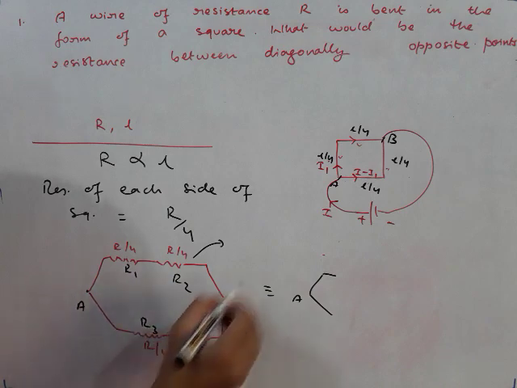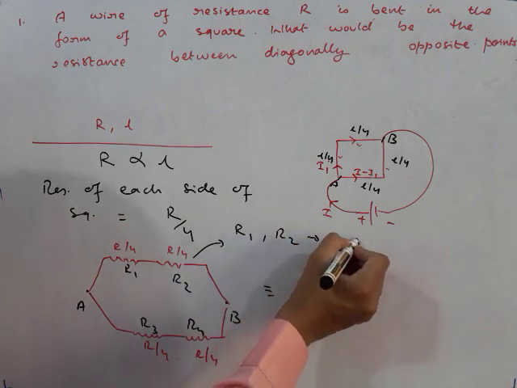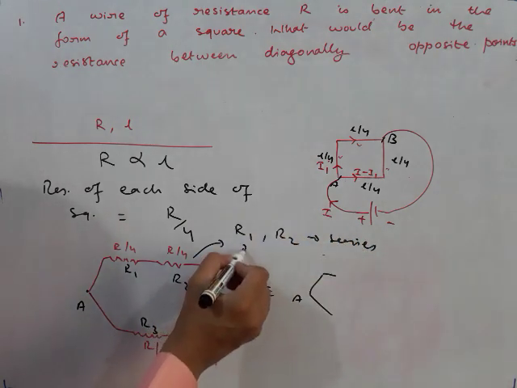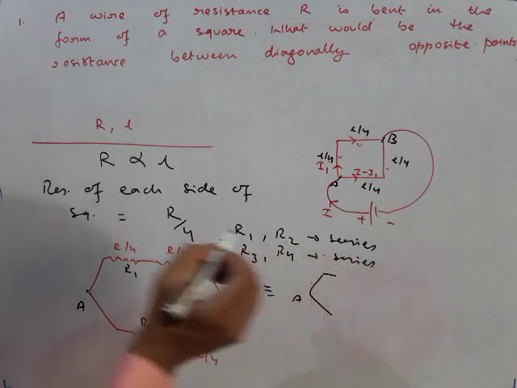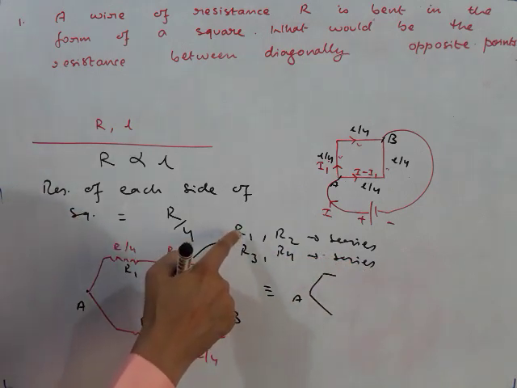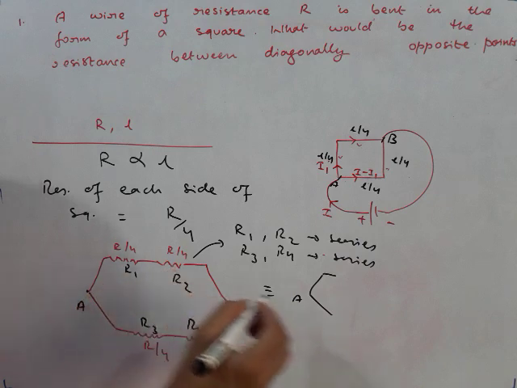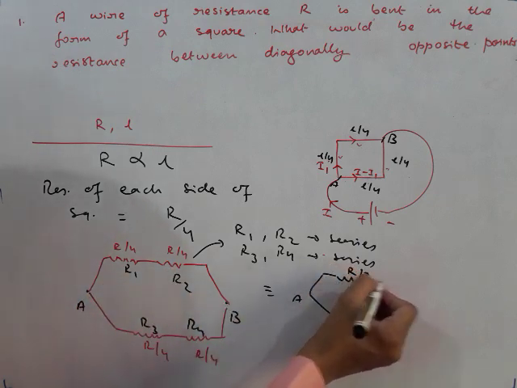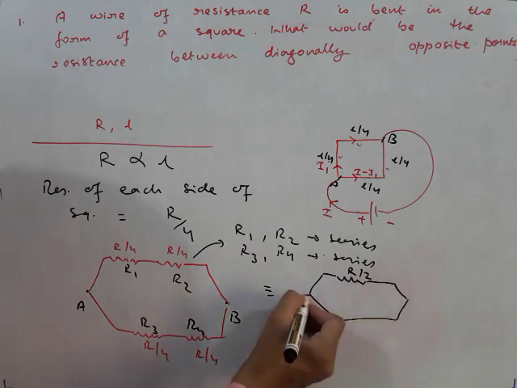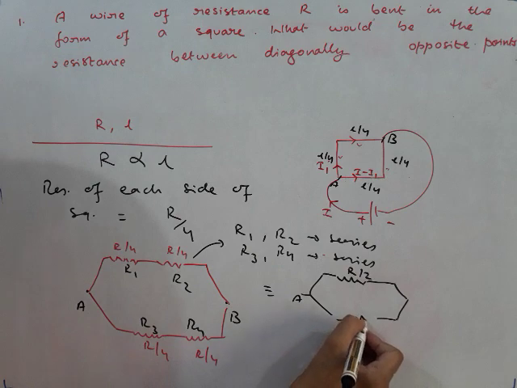R1, R2 are in series, and R3, R4 are also in series. So their equivalent resistance will be R1 plus R2, that is R by 4 plus R by 4, which is 2R by 4, that is R by 2. And here also it becomes their sum, that is R by 2.